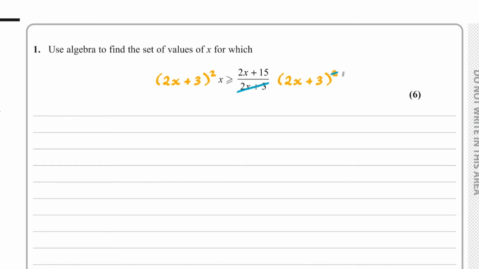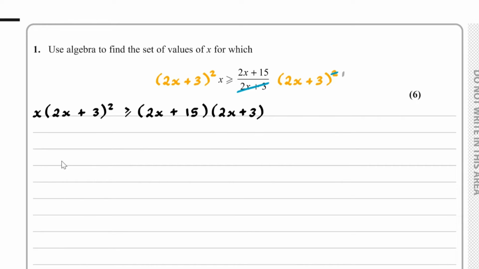And so what we have is x multiplied by 2x plus 3 all squared being greater or equal to 2x plus 15 multiplied by 2x plus 3.